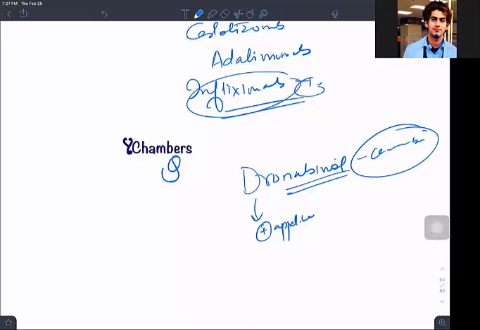If someone is having vomiting due to cisplatin therapy, which drug will you give? Someone is having cisplatin-induced vomiting. We are giving a 5-HT3 blocker.